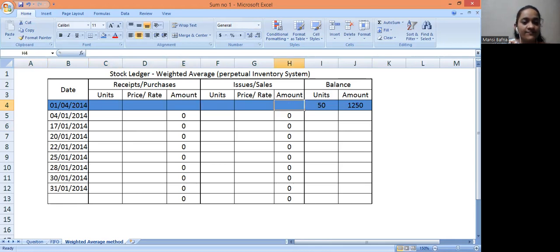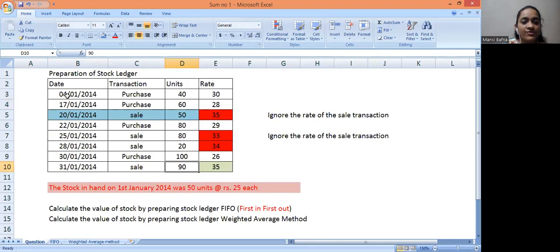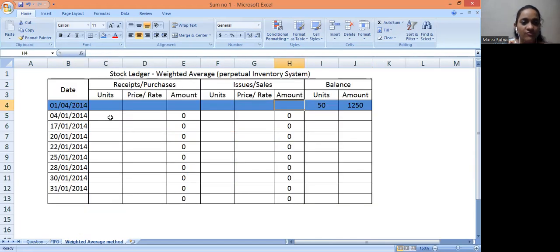After that, on 4th January, you are purchasing another 40 units at the rate of rupees 30 each. So in the purchase column, you will write down 40 units at the rate of rupees 30 each, which will give you an amount of 1200. Now we have to understand that instead of recording the stock separately, we are going to add everything together and calculate the total.